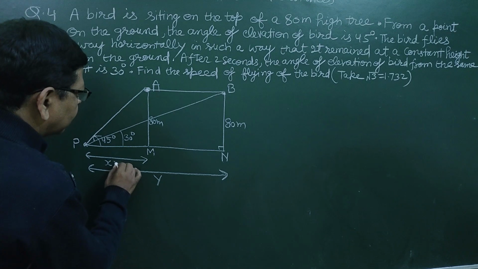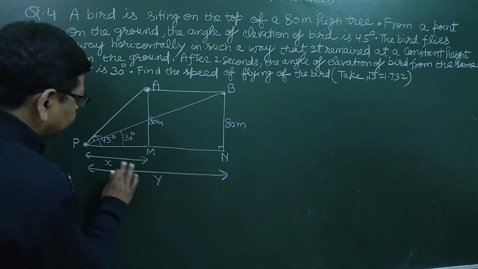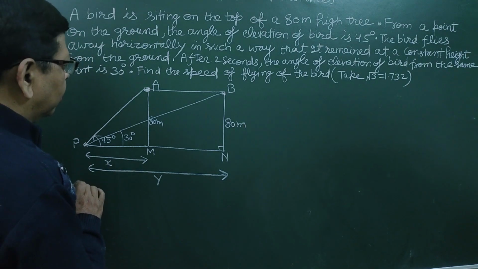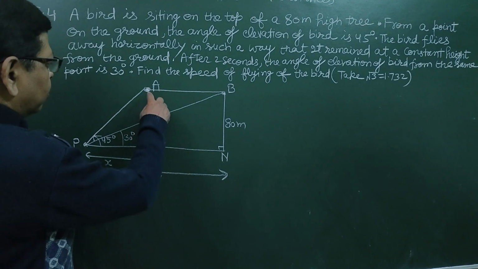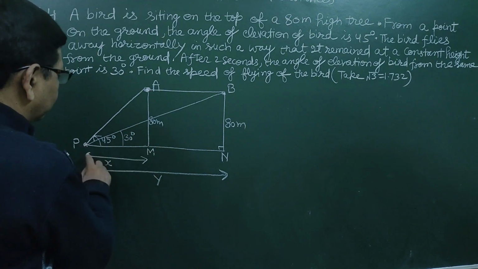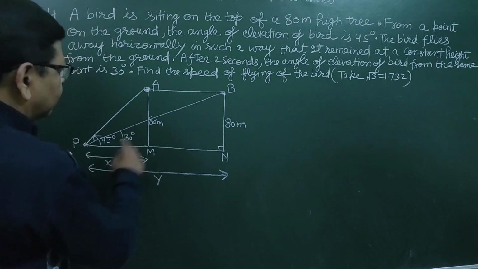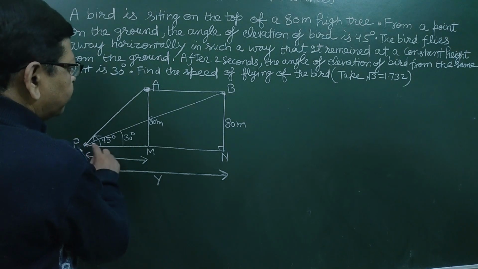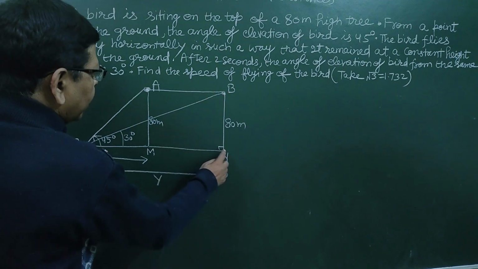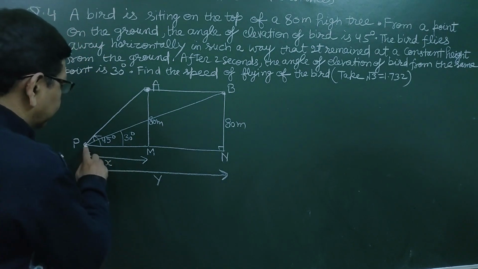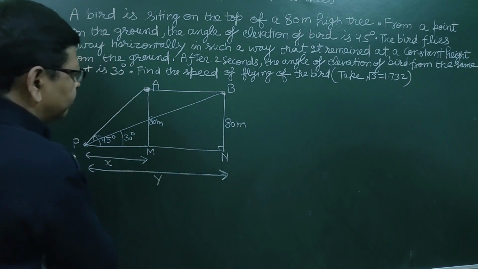This is x meters and this is y meters. Now two right triangles are possible here, AMP, where I have taken the base as x, and the other right triangle is PNB, where I have taken the whole base as y.